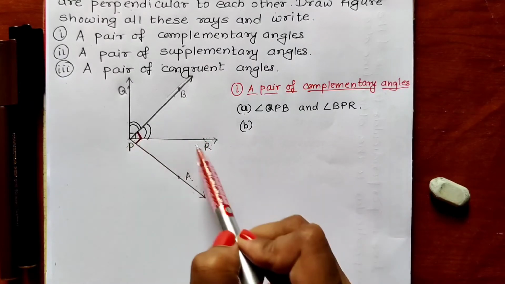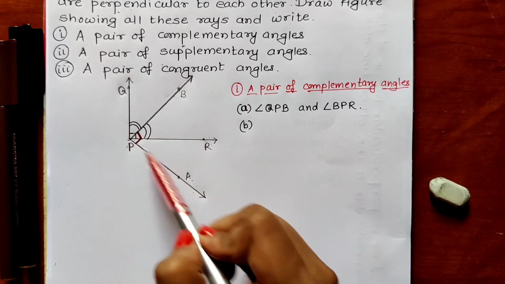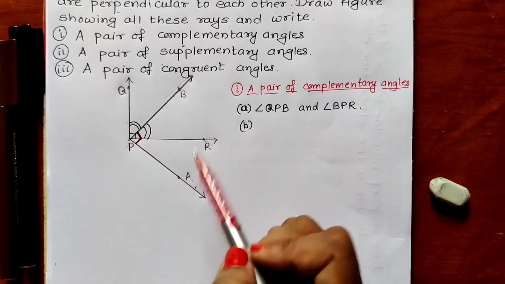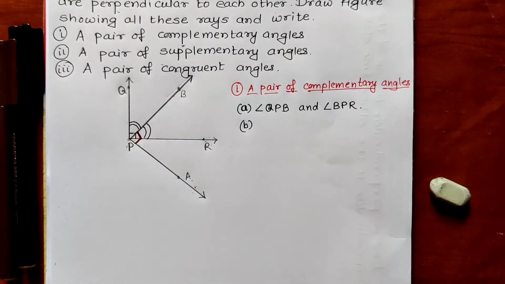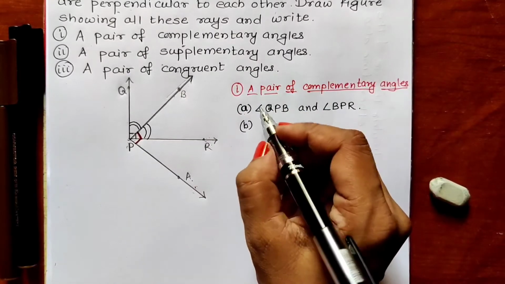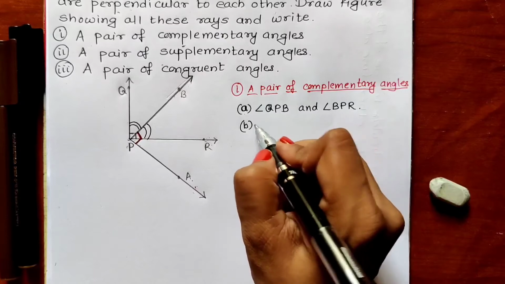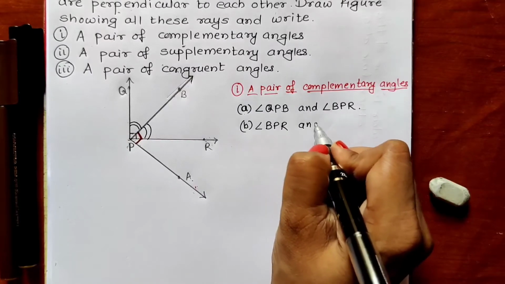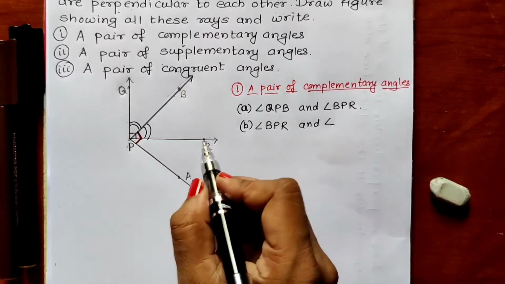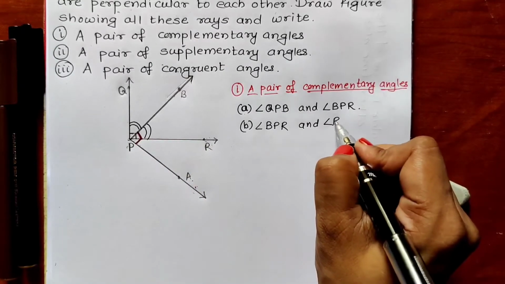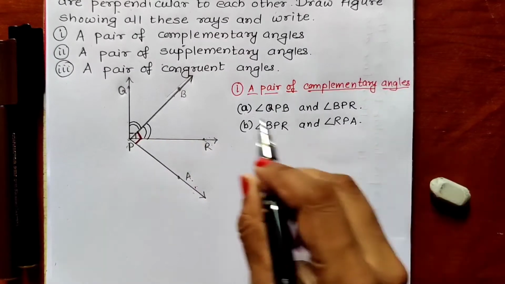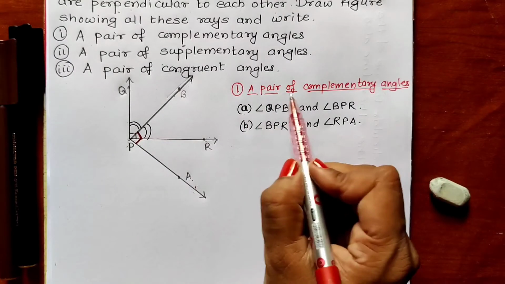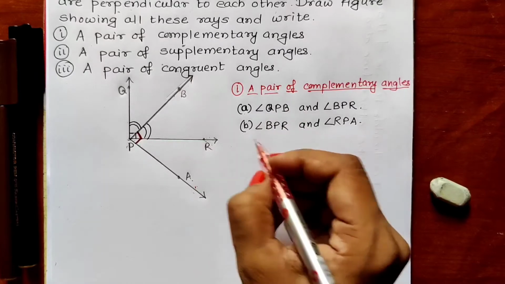Angle BPR and angle RPA. When we add angle BPR and angle RPA, we will get 90 degree. So let us write these two angles: one more pair, angle BPR and angle RPA. In this way we have got two pairs of complementary angles. Only one pair is asked, but we can write two pairs also.